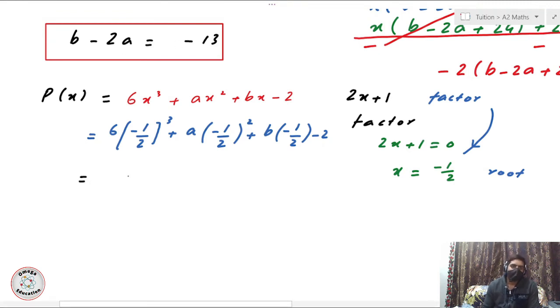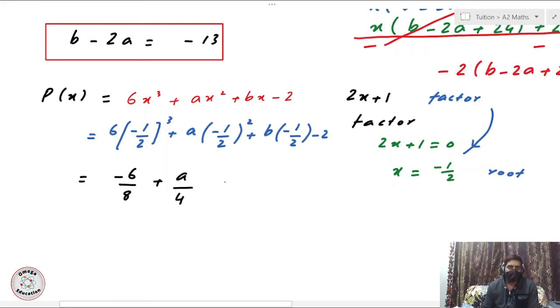You'll be getting minus 6 over 8 plus, now negative sign, and all the outside we have a square, so that doesn't make any difference. Everything would be with the positive sign.